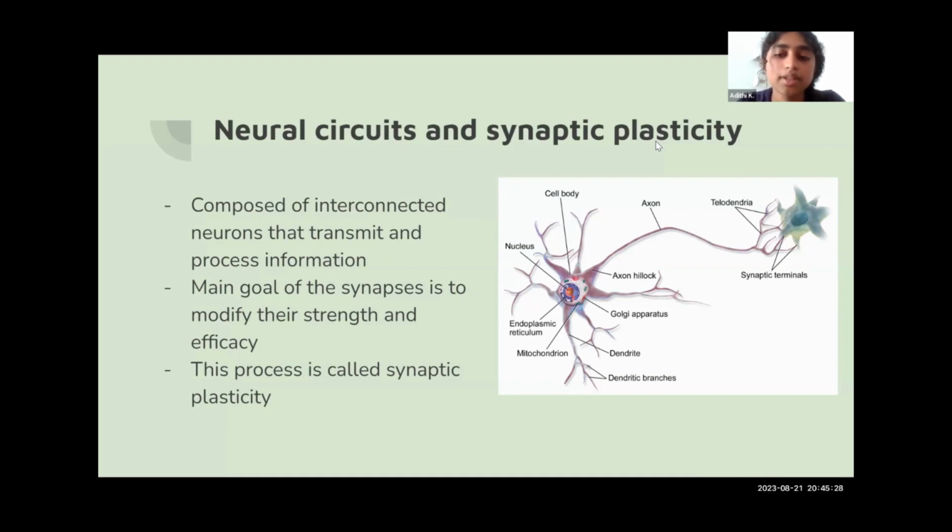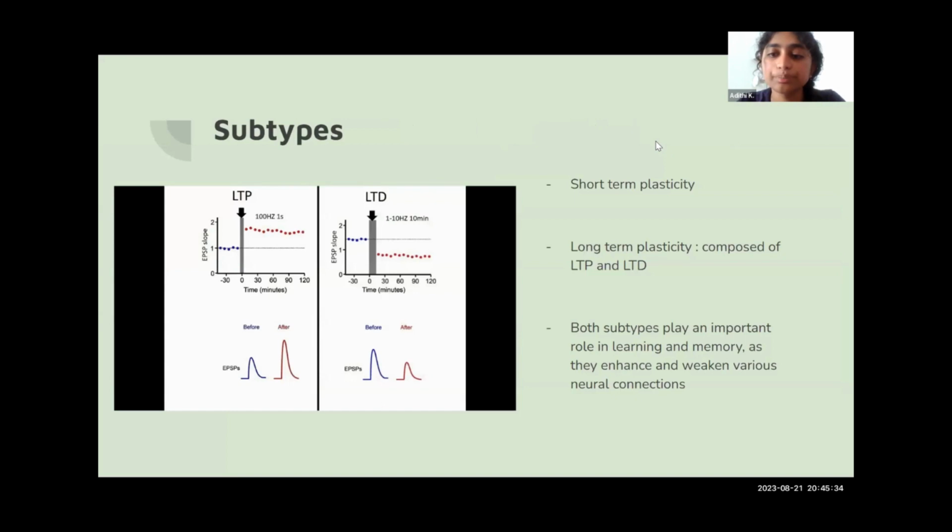So synaptic plasticity can be classified into two main types, short-term plasticity and long-term plasticity. Short-term plasticity refers to comparably short-term changes in synaptic strength, which last from a millisecond to minutes. And long-term plasticity refers to persistent changes in synaptic strength that last from hours to days.